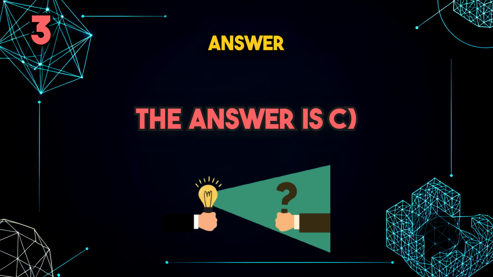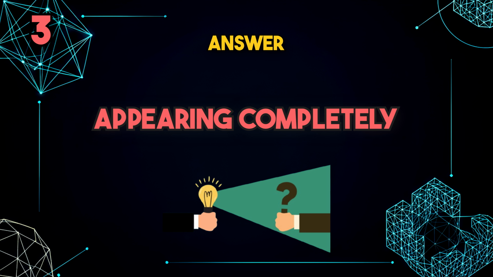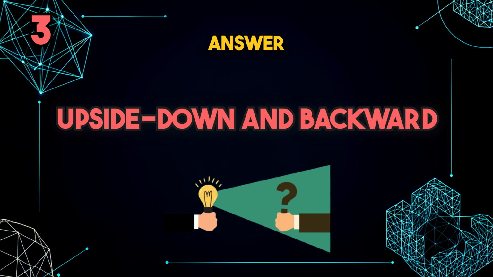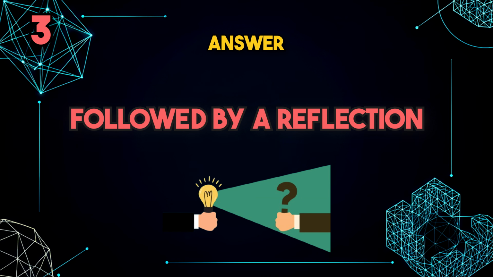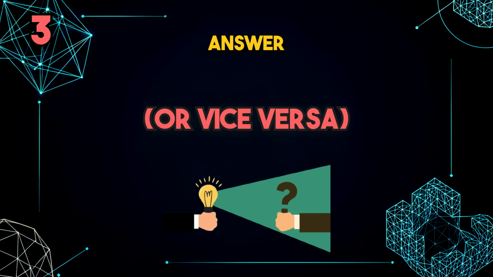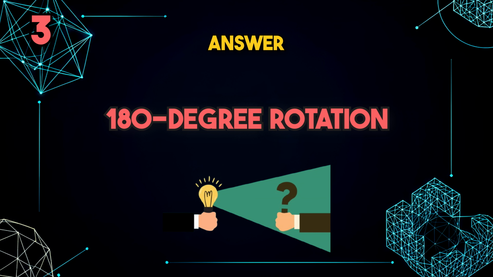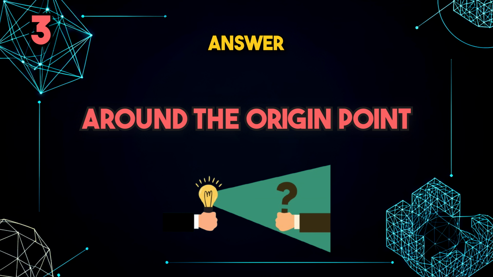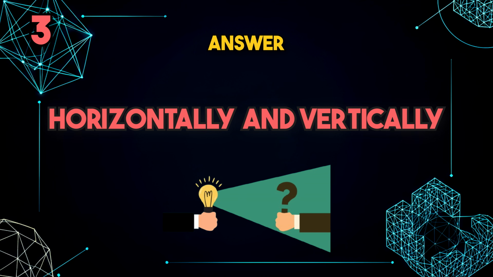The answer is C. It is rotated 180 degrees, appearing completely upside down and backward. Performing a reflection across the x-axis, followed by a reflection across the y-axis, or vice versa, is mathematically equivalent to a single 180-degree rotation around the origin point. The combined transformation flips the letter both horizontally and vertically.